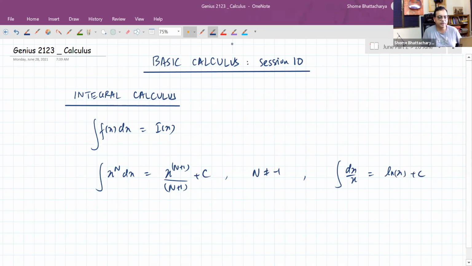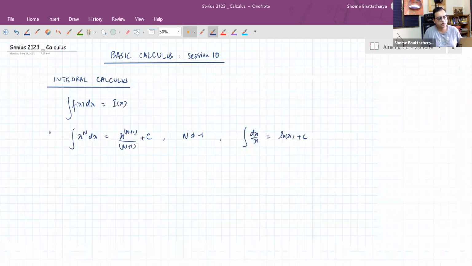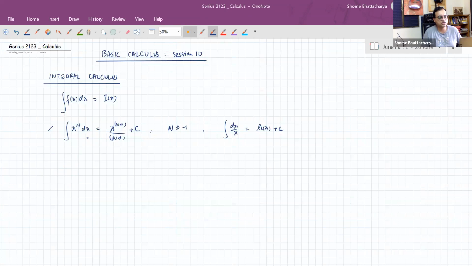And then we had all the trigonometric and exponential formulas, properties, trigonometric formulas. And we also had the exponential one, e raised power x dx. Then we had discussed the substitution, the basic type of substitution.